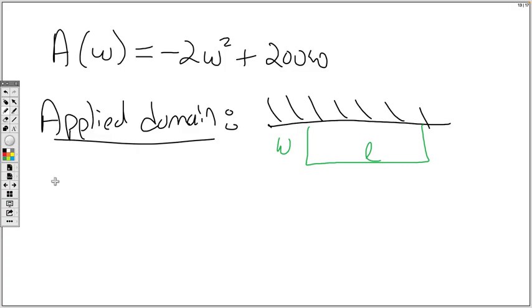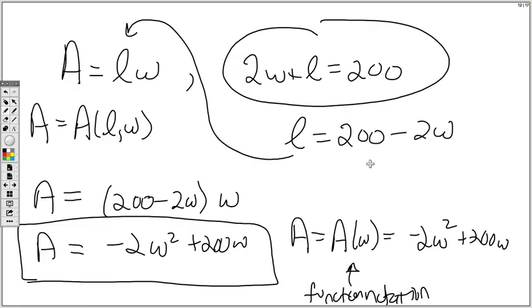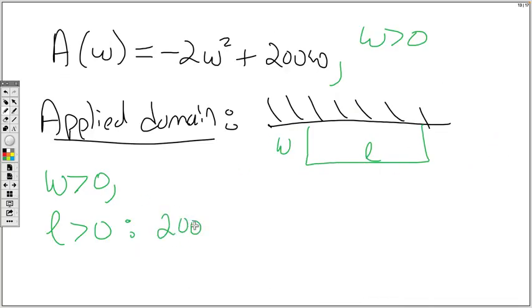Positive. So I'm going to need W to be bigger than 0, which, okay, I can do that. But I also need L to be bigger than 0. And you notice we don't have an L up here anymore. You follow? And the reason is because we use this relationship. You follow? So L being bigger than 0 is the same as 200 minus 2W being bigger than 0.